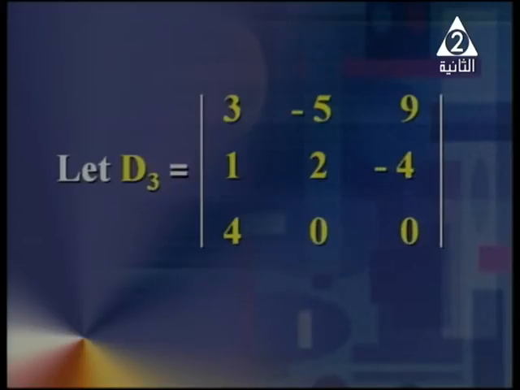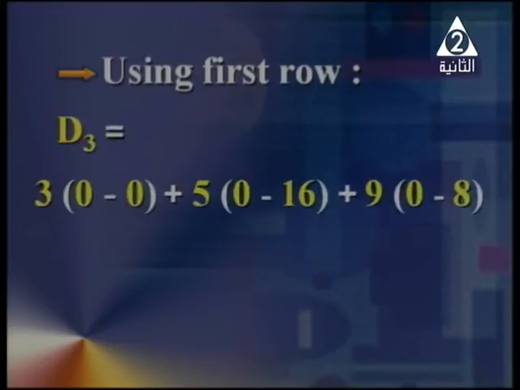3, negative 5, 4; 9, 1, 2; negative 4, 4, 0, 0. Then by using the first row, we expand: 3 multiply 0 minus 0, plus 5 times bracket 0 minus 16, plus 9 multiply 0 minus 8. The answer is 80 minus 72 equals 8.